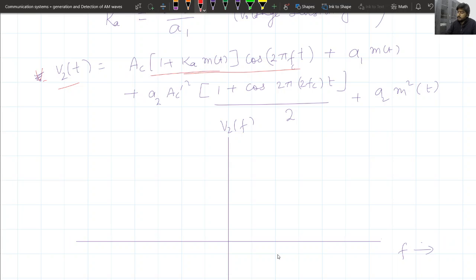So this is our desired modulated wave. Its representation can be shown like this.